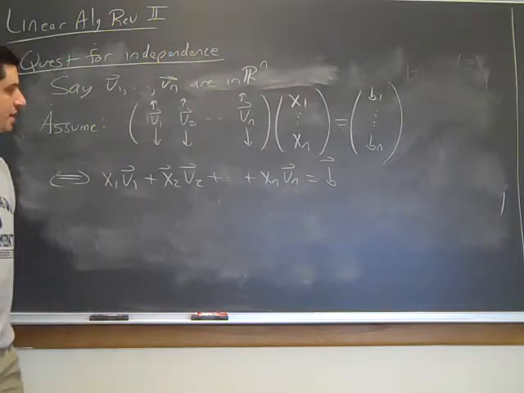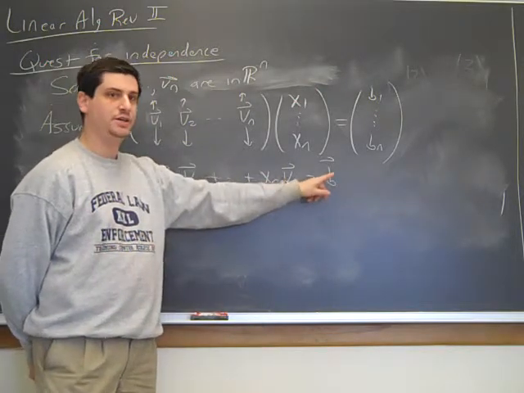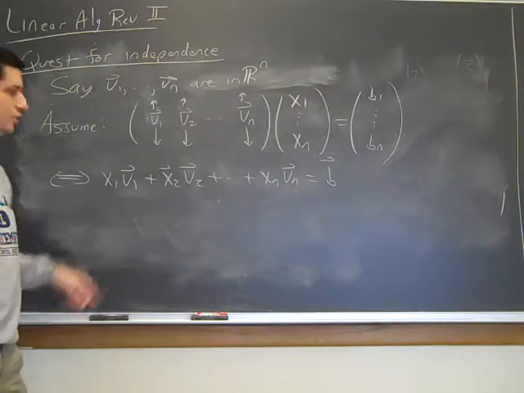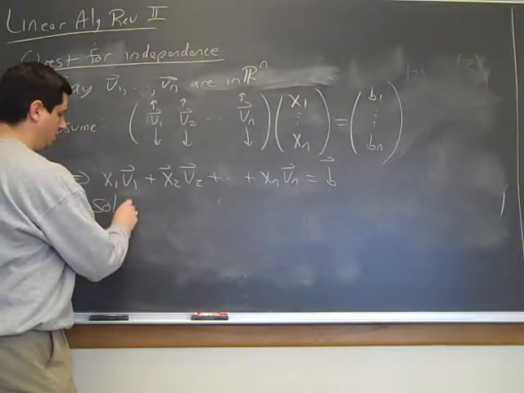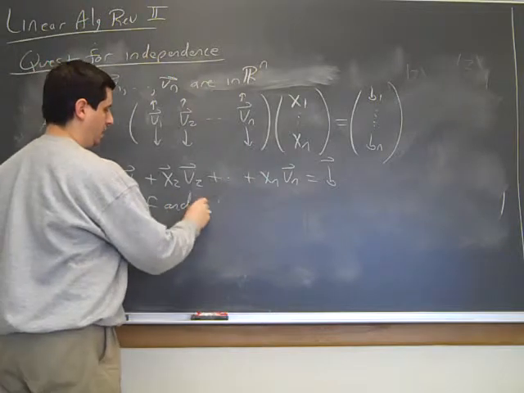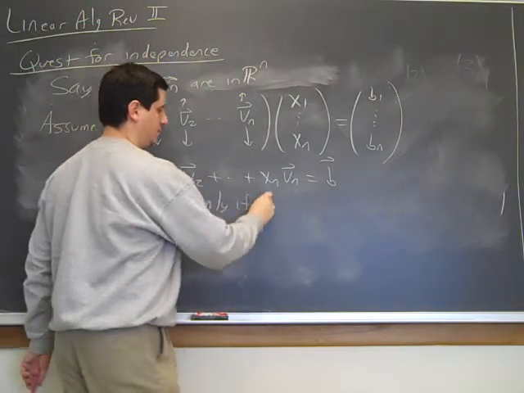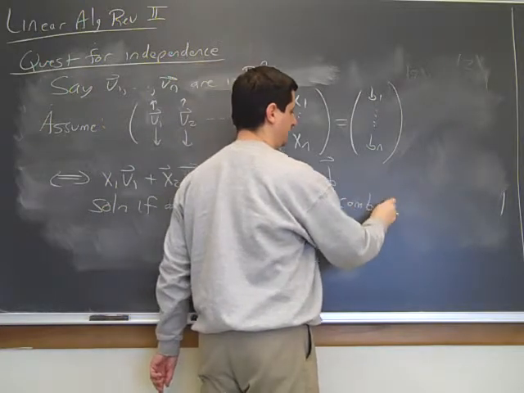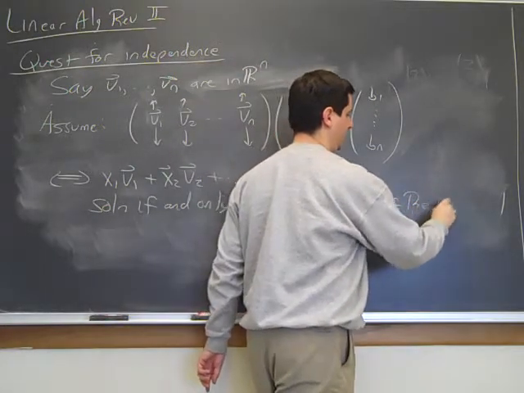And now it all comes down to whether or not B is a linear combination of the V's. So there's a solution if and only if B is a linear combination of the VI's.